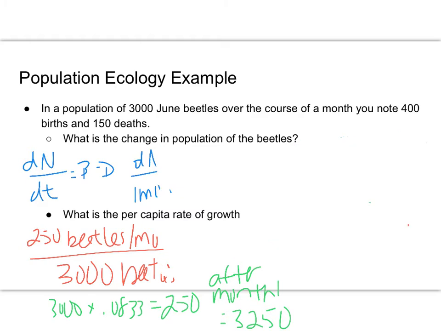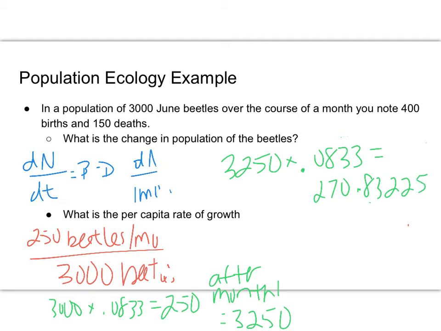So my second month now, I have 3,250 beetles times that average growth rate of 0.0833 per beetle, which this time gives me a growth this month of 270.83225 beetles.